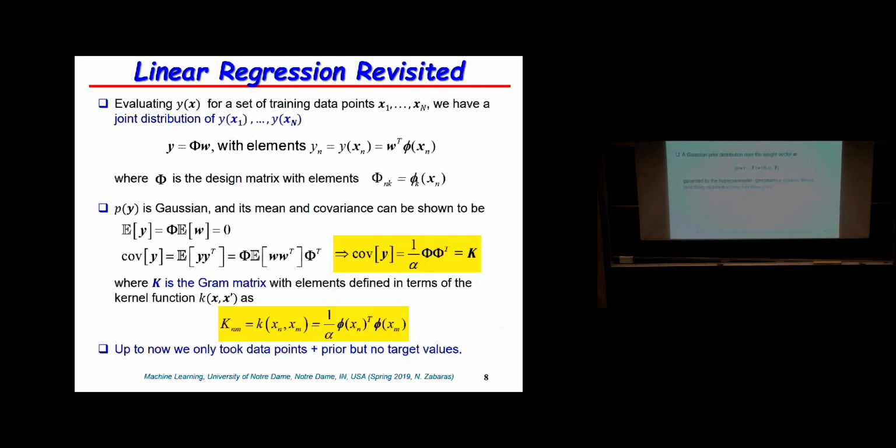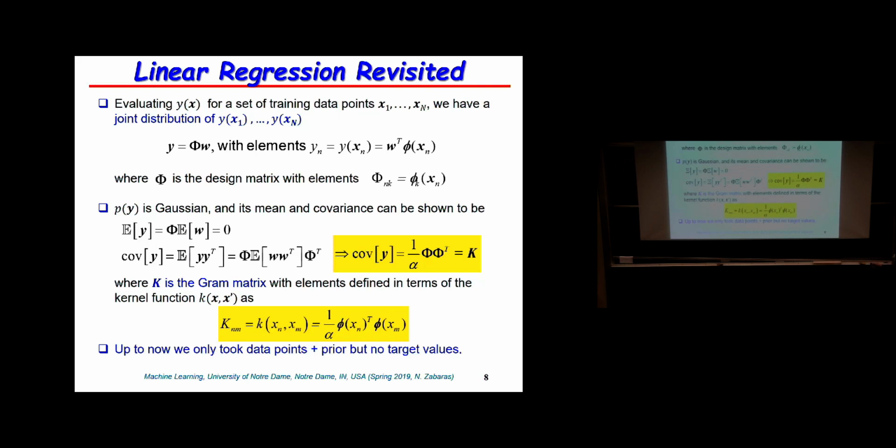All right. So let me see how what we learned with regression models can allow us to generalize this to Gaussian processes. We start with the regression model that I had before. We have a bunch of input points x1 to xn, and this regression function results in a joint distribution of y at x1 up to y at xn.